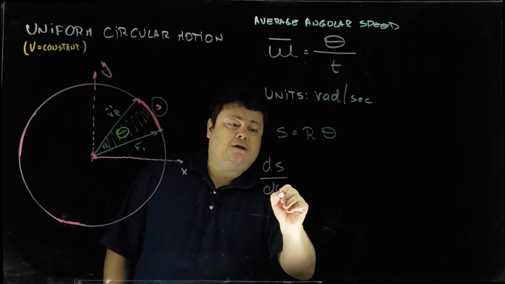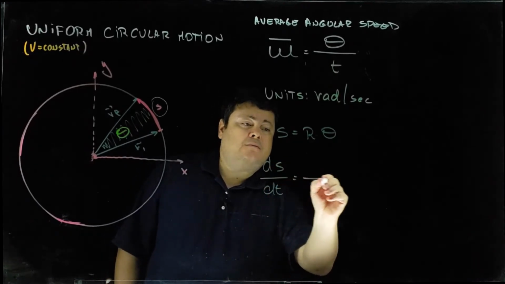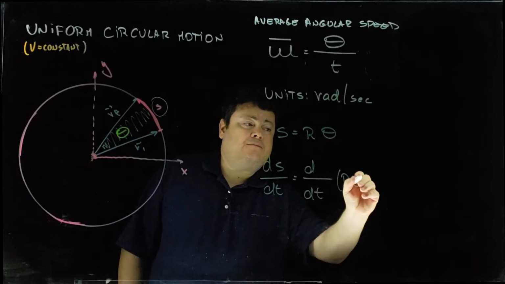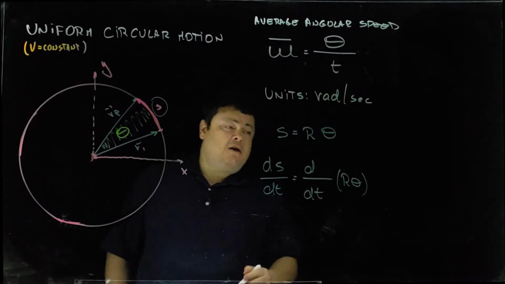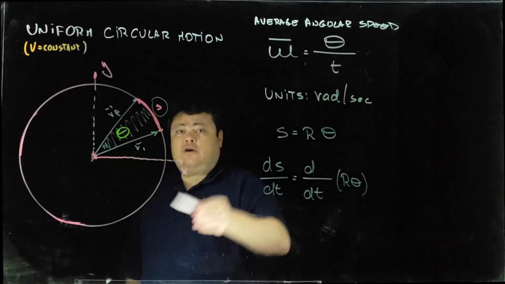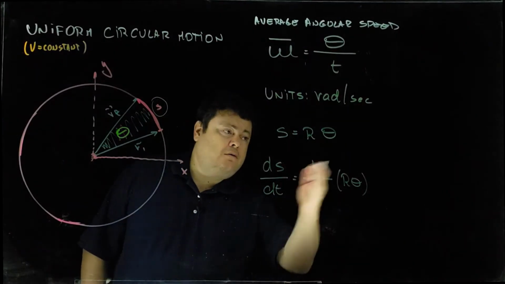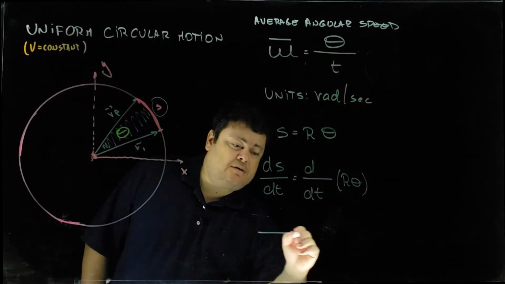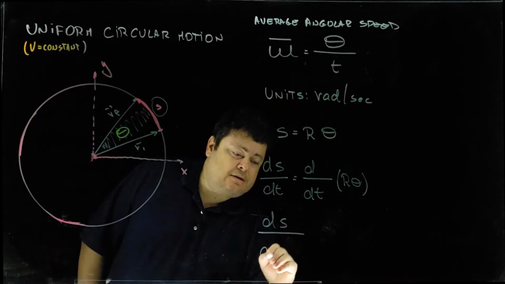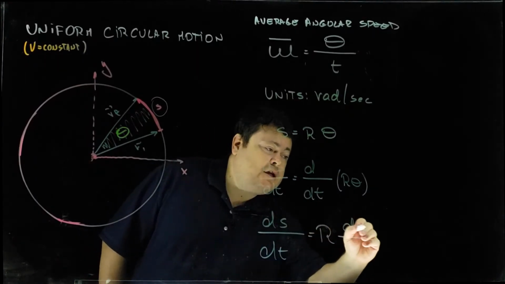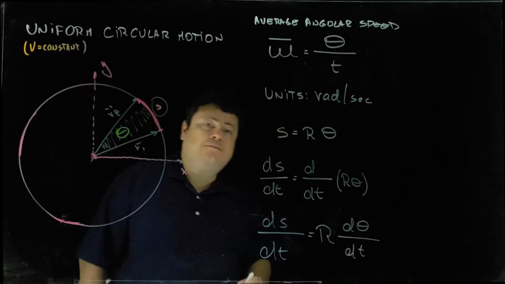So ds/dt is going to be d/dt of r theta. But if I'm moving in a circle, r is constant. And then the right-hand side becomes ds/dt equals r d theta/dt.